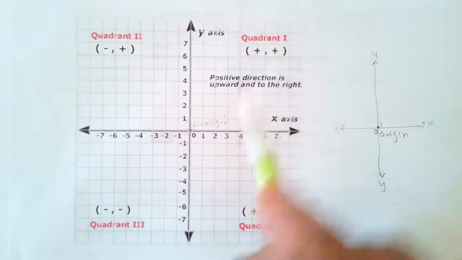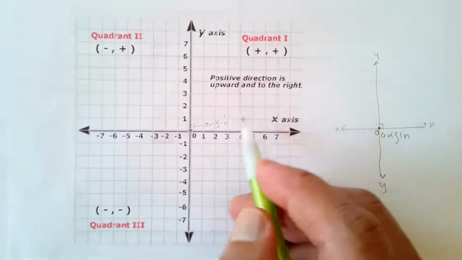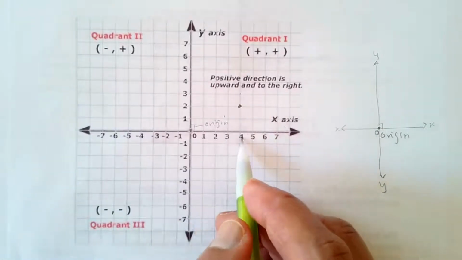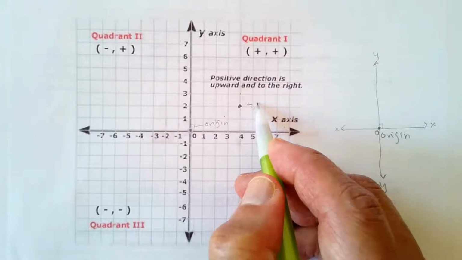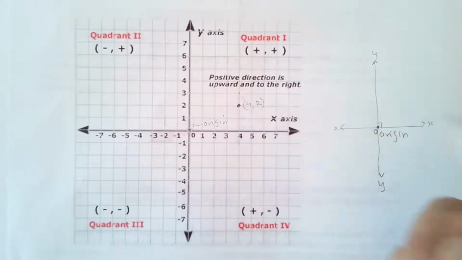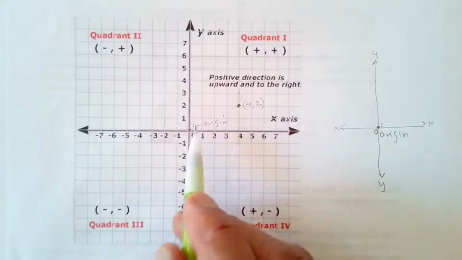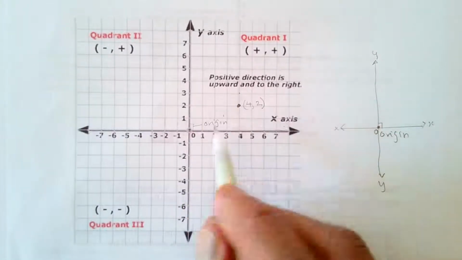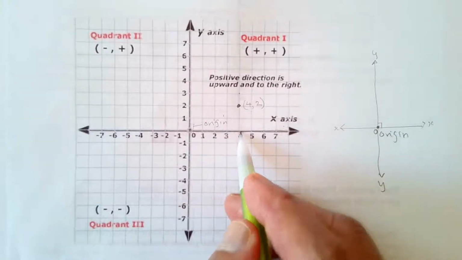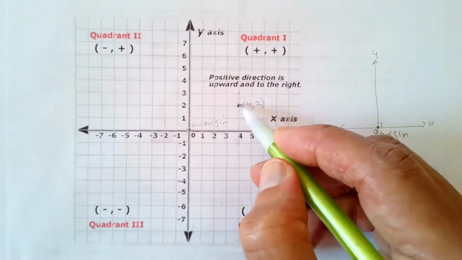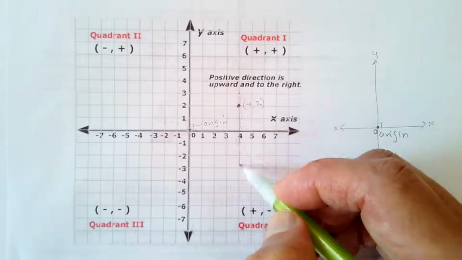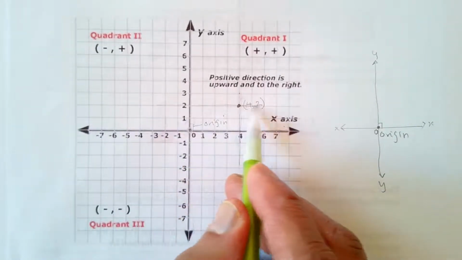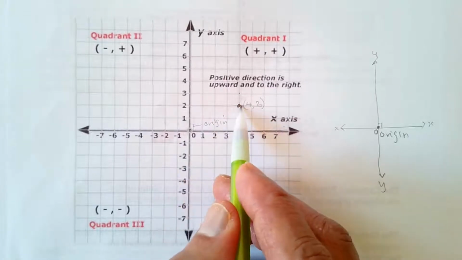When you label a point, for example, if I want to know exactly where I am here, I'll label it (4, 2), in brackets. Because I go first on my x-axis, I travel here. This represents 4, and this is the y, represented by 2.